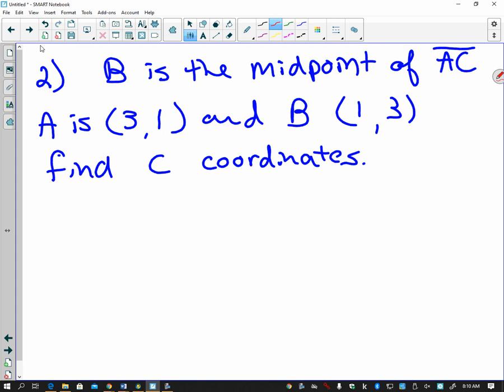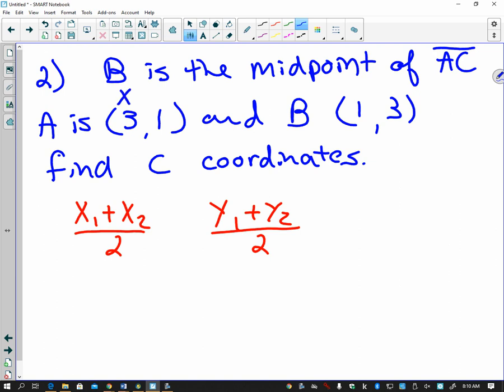What was it? Okay. Now in this next part, we're going to fill in. Now, what is the coordinates for A? What could I label 3? X1 and Y1.